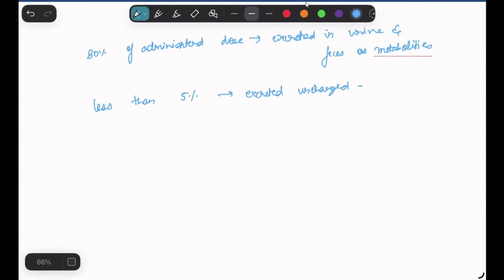So clozapine is mainly cleared by metabolism rather than by unchanged renal excretion.